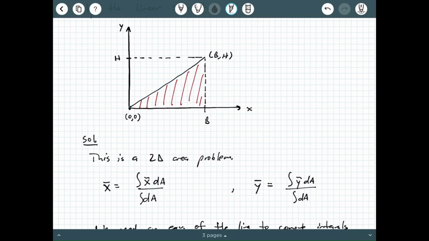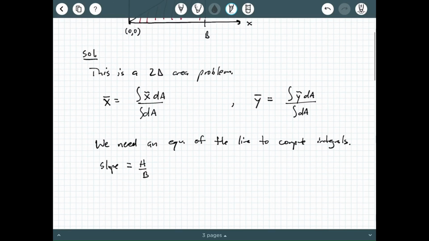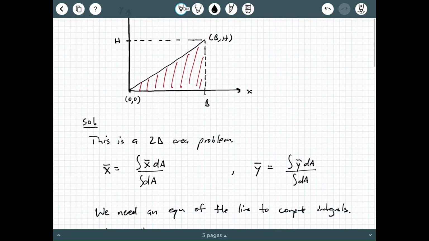Since it passes through the origin, its y-intercept is 0. So the equation for the line is simply y equals h over b times x, where h over b is the slope and x is the independent variable. Now we know the equation of the line, so we have something we can eventually take the integral of.